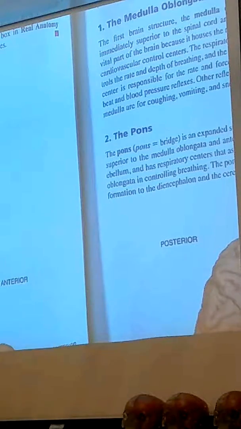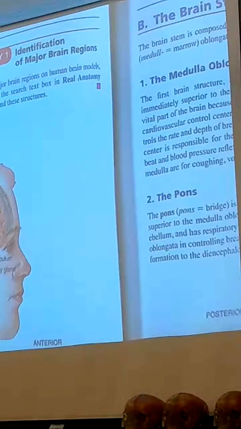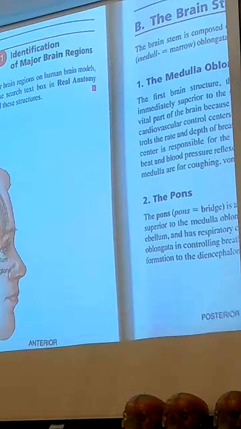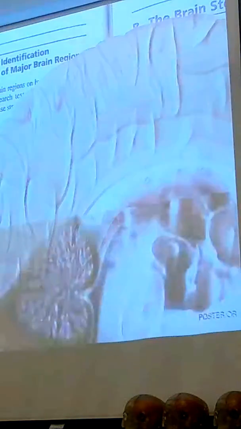You need to know, for example, what is this lobe? Frontal lobe, parietal lobe, temporal lobe, occipital lobe. What is this? Cerebrum. What is this? Cerebellum. Right? So when you open this model, it will be open like this.